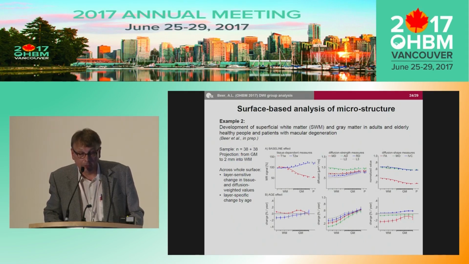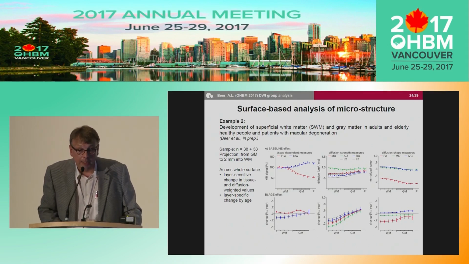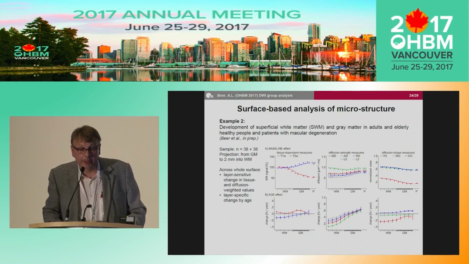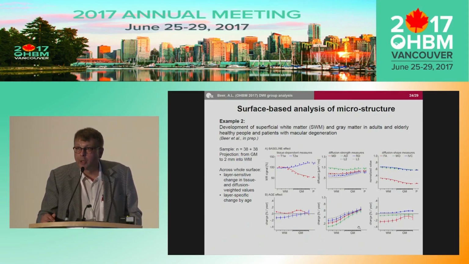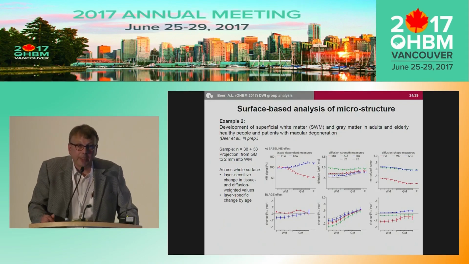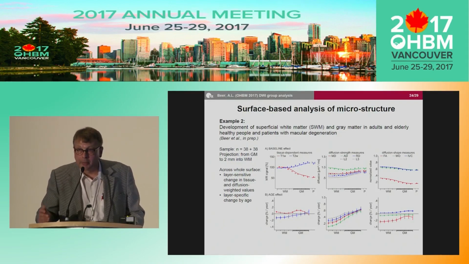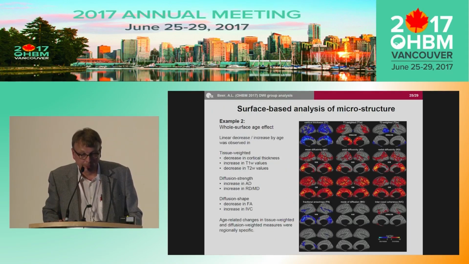We can confirm that fractional anisotropy is decreasing when you go from white matter to gray matter, and mean diffusion is increasing from white to gray matter. Here at the bottom, we see across the whole surface that there is a change in the diffusion properties with age. It's substantial, it's tremendous. Basically, the mean across the whole surface, the mean diffusion, is substantially increasing.